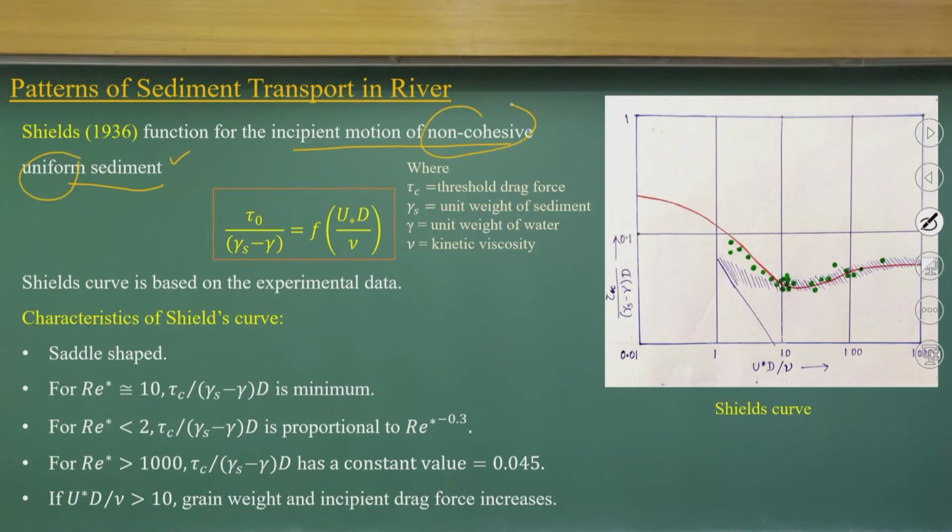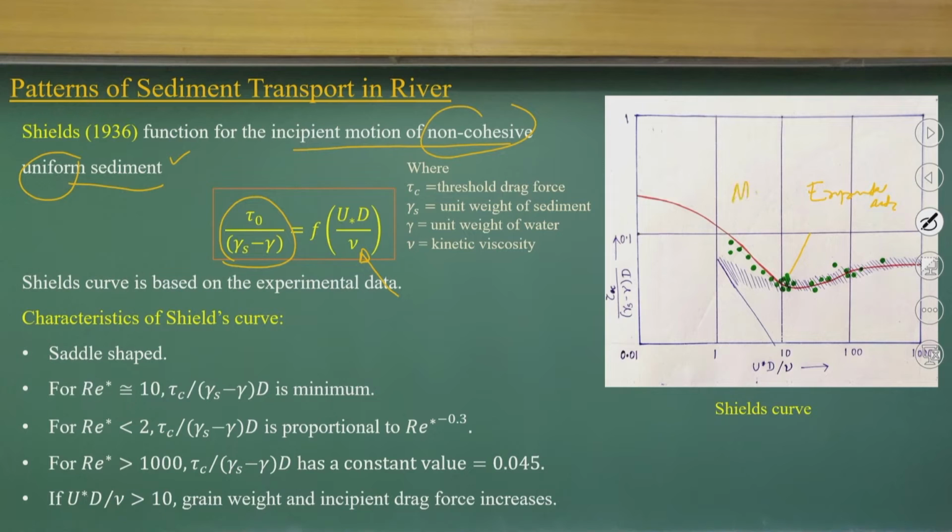What he got is very interesting: the particle Reynolds number, or grain Reynolds number, as a function of the Shields number. All these dots are experimental data, and we look at how this function varies and how we can define it.